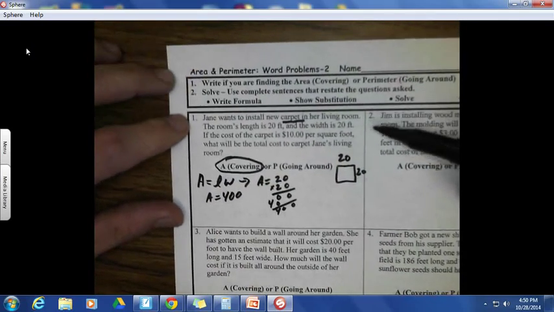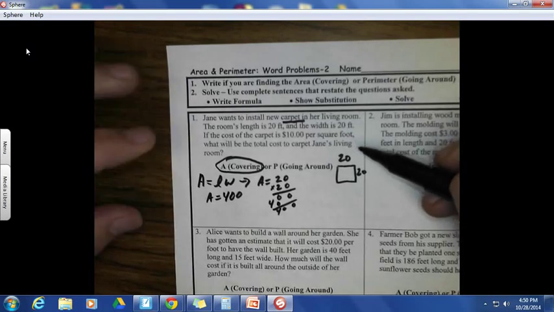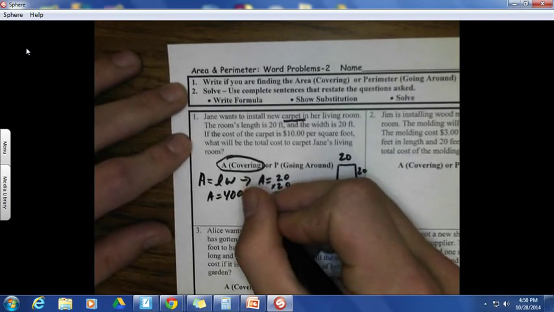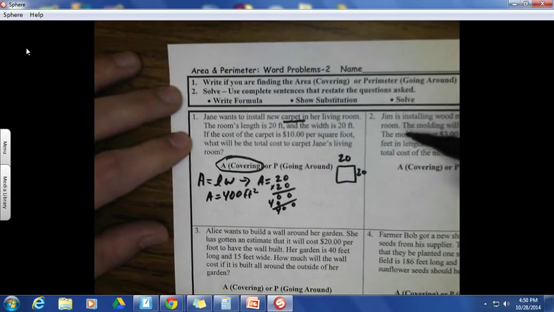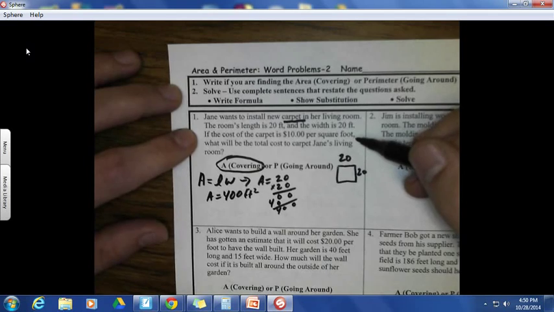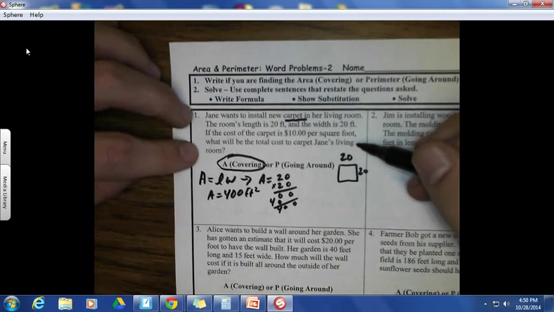Let's look at what it's asking again. The cost of the carpet is $10 per square foot, and remember, that's what our answer is in because we're using correct labels. What will the total cost be to carpet Jane's living room?